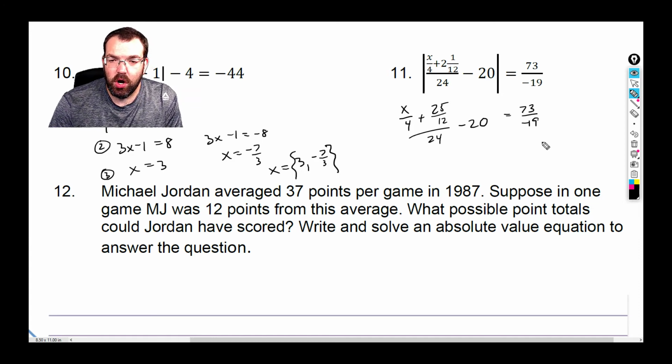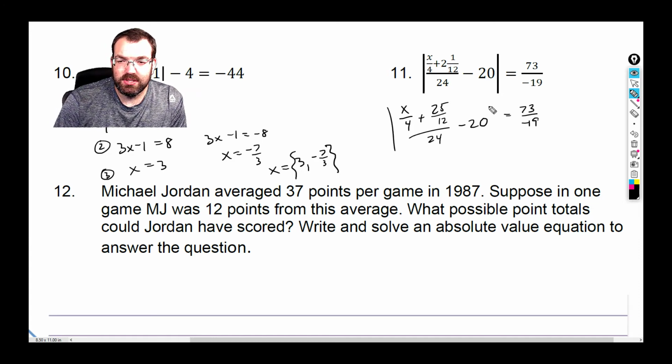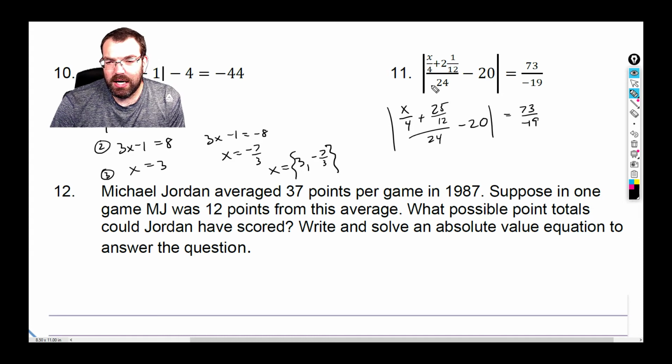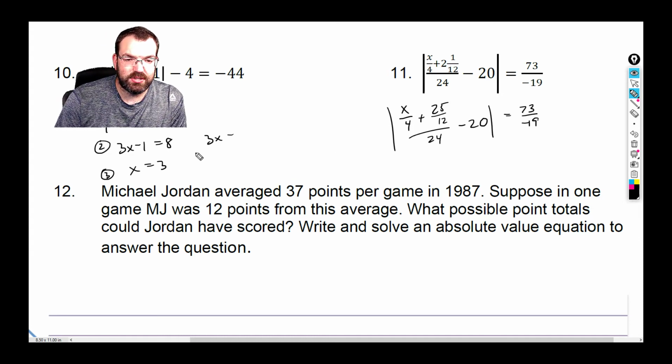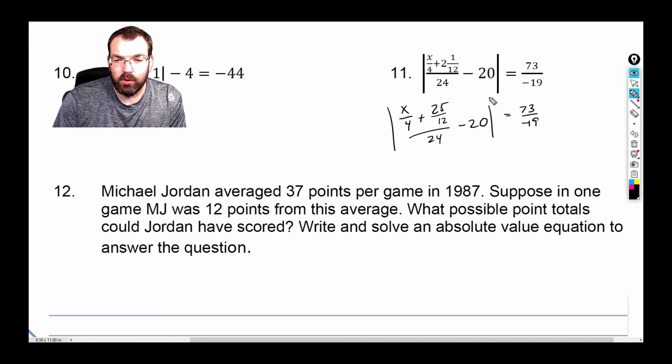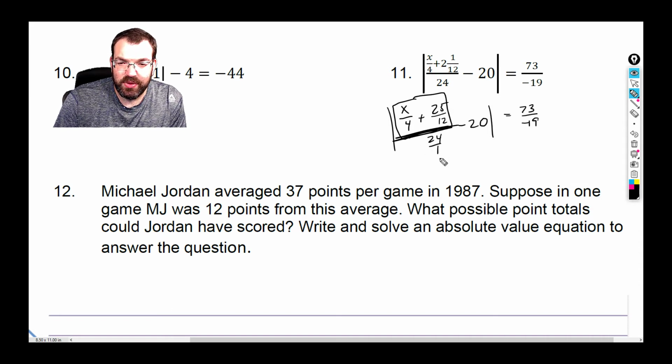But it's not that terrible. I'm going to leave this like that. We just have to do some manipulation, okay? Remember, when I have something being divided by something else, technically this is a fraction here, and this is another fraction.